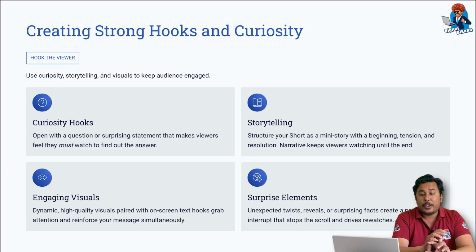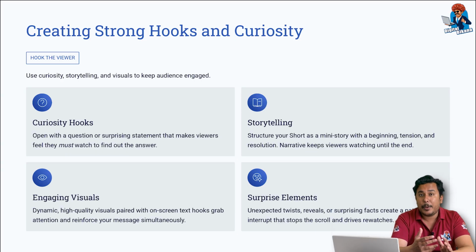If I talk about engaging visuals, they should be dynamic and high quality. You should use the right on-screen text hooks, which reinforce your message simultaneously. If I talk about surprising events, you can create an unexpected twist in your short, right?